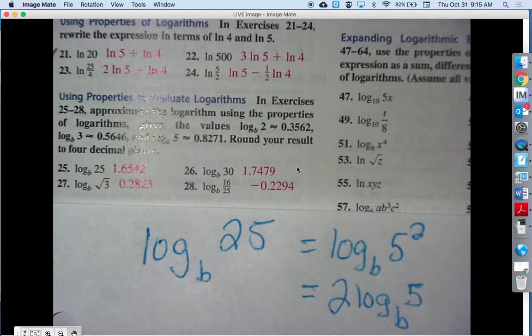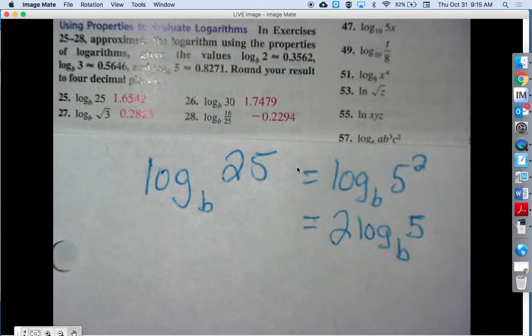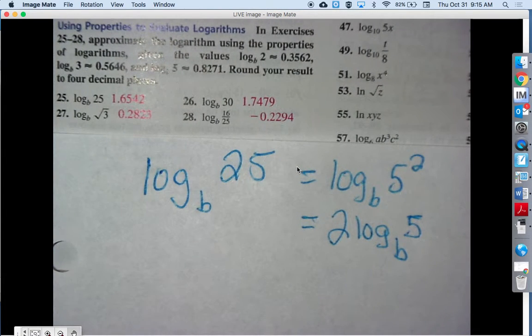Because if I have a squared, the exponent moves in front and changes it to multiplication. So we first had to do something with the 25 to rewrite it as a square. And then we move that square to the front. So now using the directions at the top, it says to evaluate using the properties, and they give me values for logs.